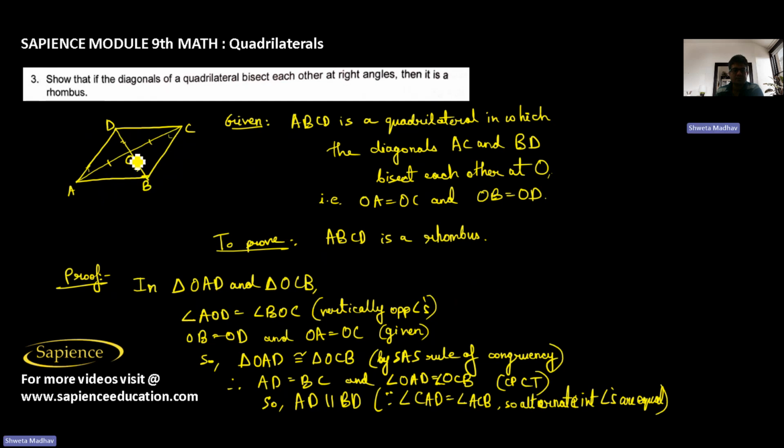These two sides also will be the same. In these two triangles, these two sides are equal, and this is the common side.